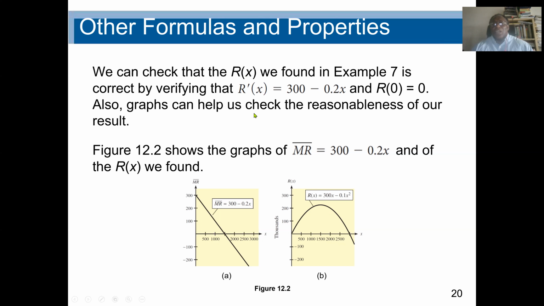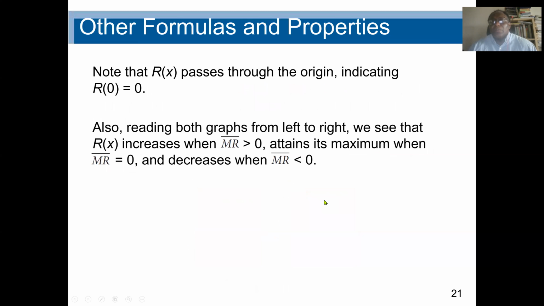Also, the graph can help us check the reasonableness of our result. So we know this is the antiderivative of 300 minus 0.2x, and then this is the original function. So here they say we should notice that R(x) passes through the origin, indicating R(0) equals 0.